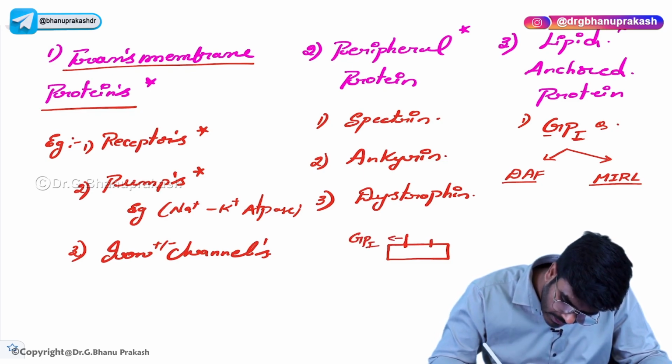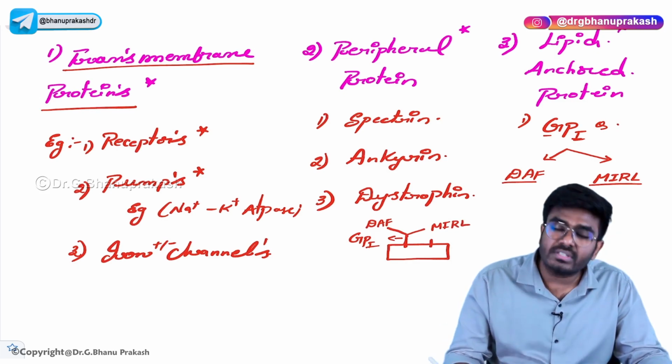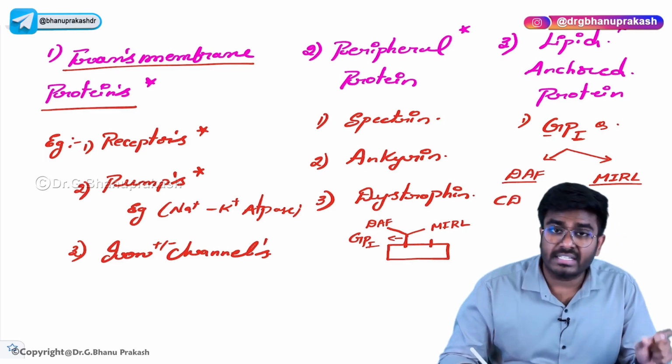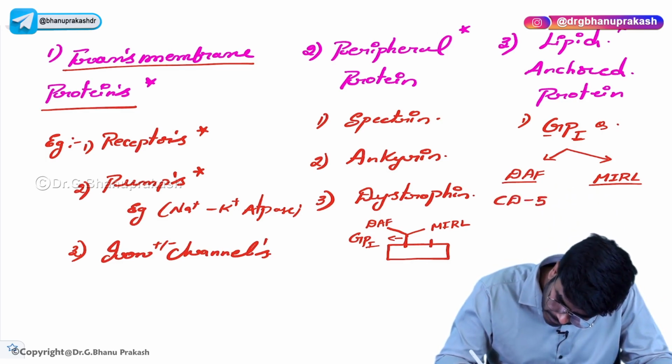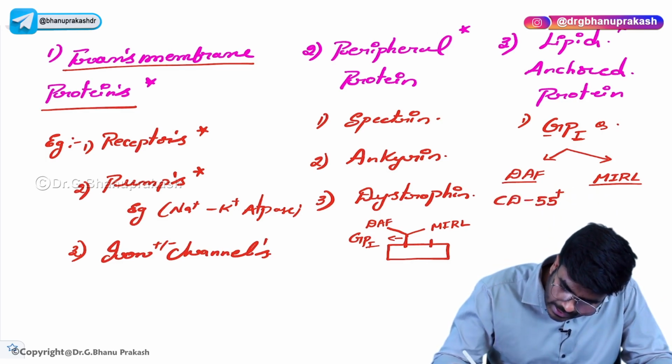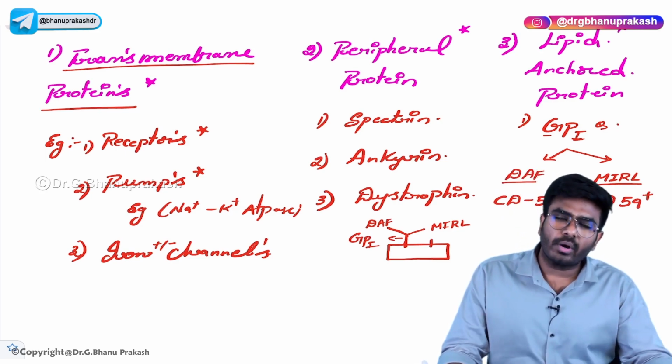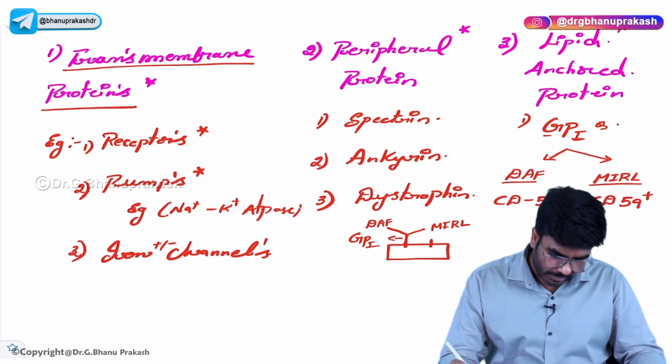This GPI protein has two hands, and with one hand it is holding DAF, decay accelerating factor, and MIRL, membrane induced reactive lysis. DAF has a cluster designation of CD55, and MIRL is CD59. These are the cluster designations. Now what is the importance of this? We will see in a moment.